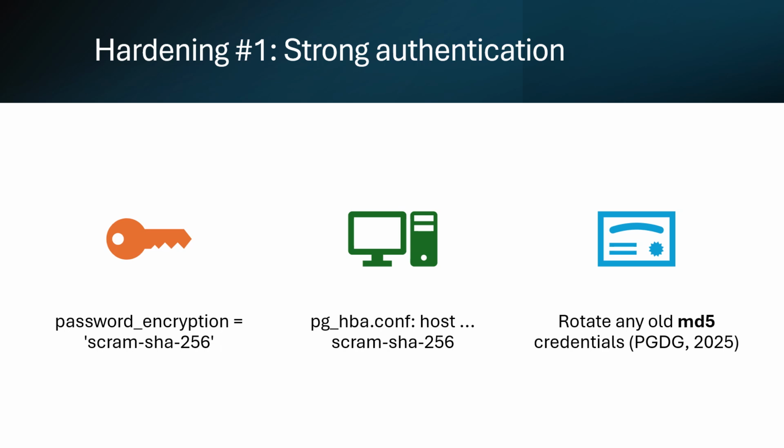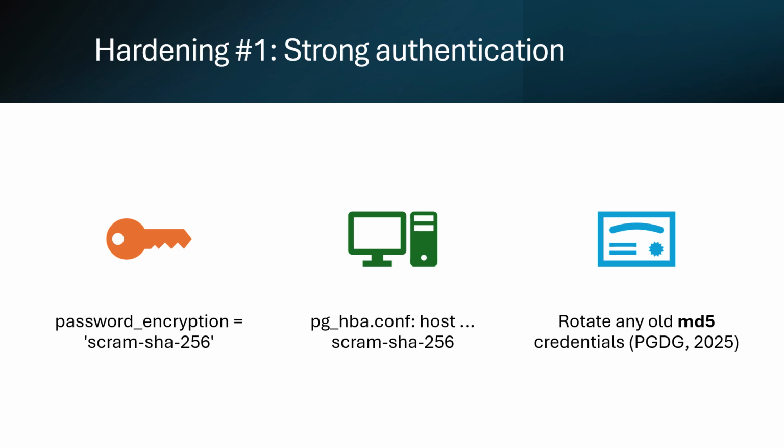When it comes to authentication, simply relying on weak or default password schemes is a major risk. PostgreSQL support for SCRAM-SHA-256 allows for salted hashed credentials that resist brute force attacks much better than older MD5.